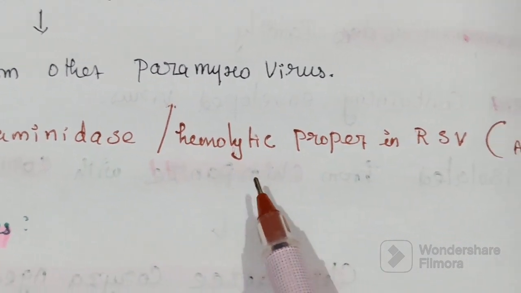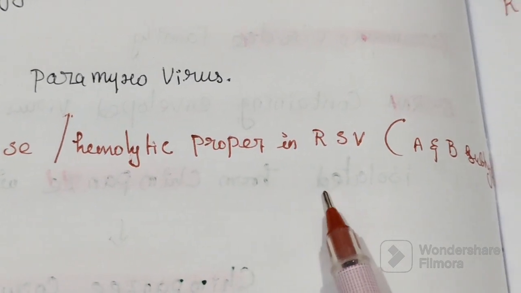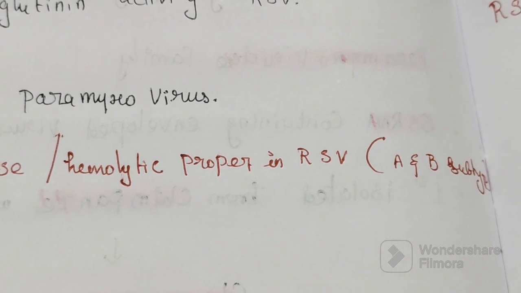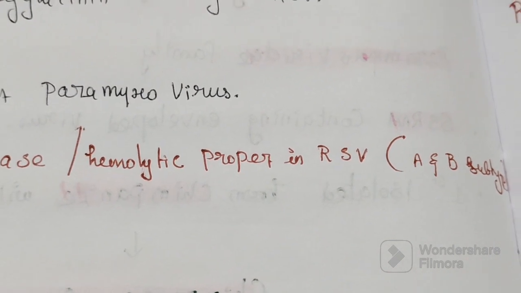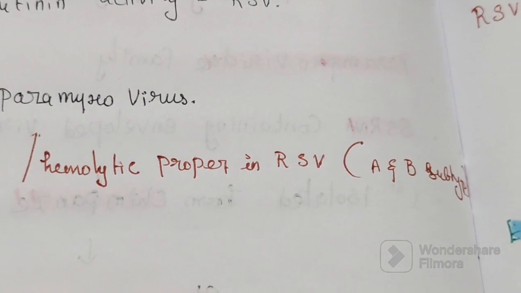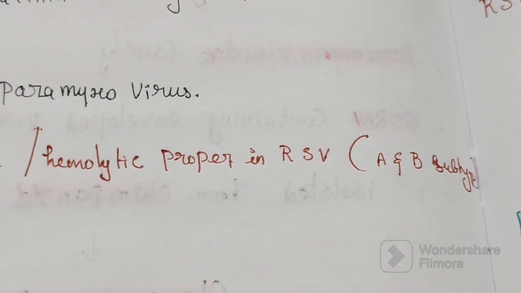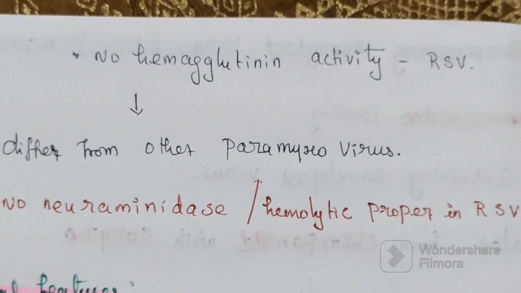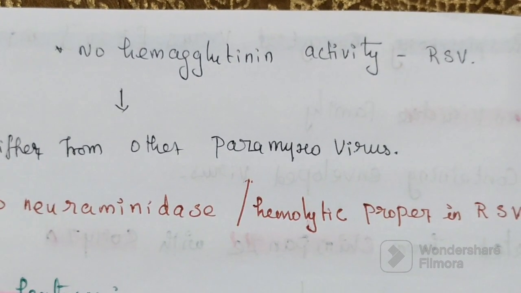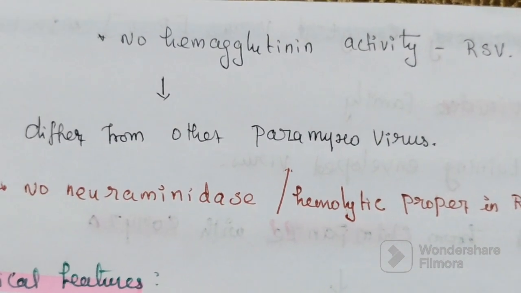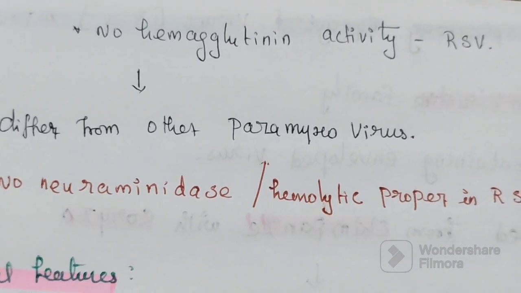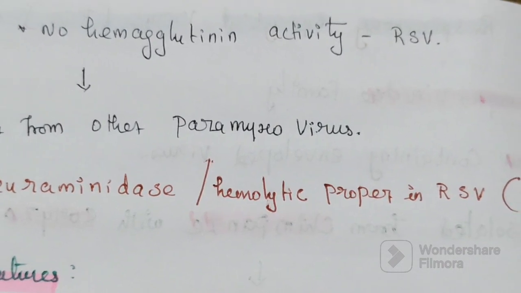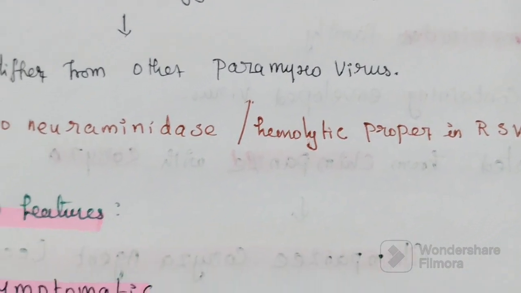There is only one antigenic type with two subtypes, A and B. So the characteristics are: no hemagglutinin activity, which differs from other paramyxoviruses, and no neuraminidase enzyme or hemolytic property.